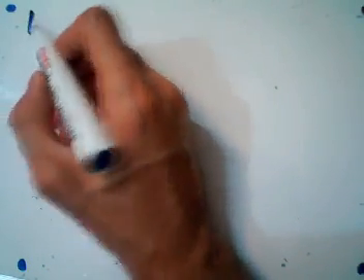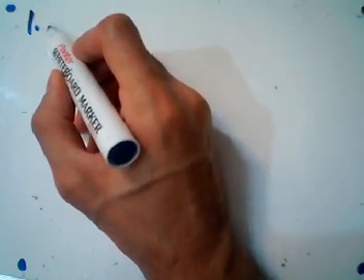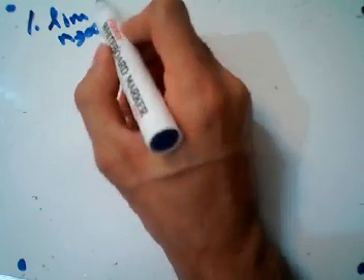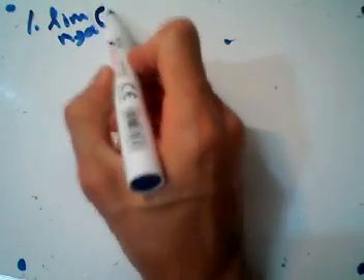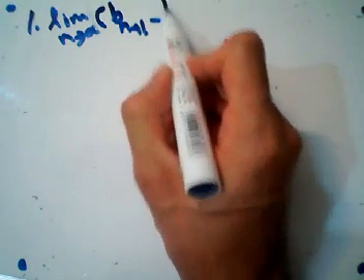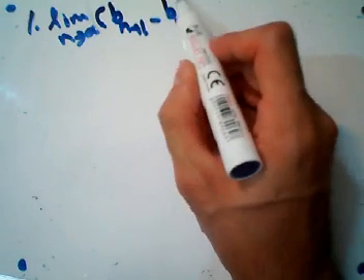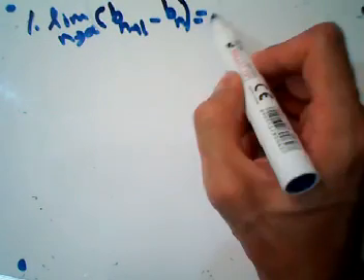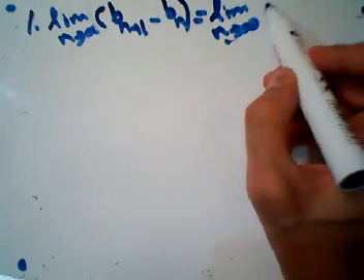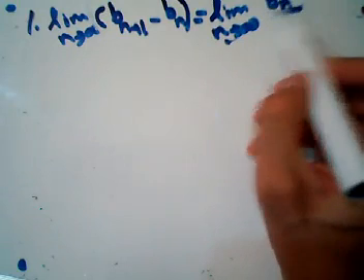The first one is that if the limit as n goes to infinity of b_(n+1) minus b_n exists, then that would be equal to the limit as n goes to infinity of b_n over n.